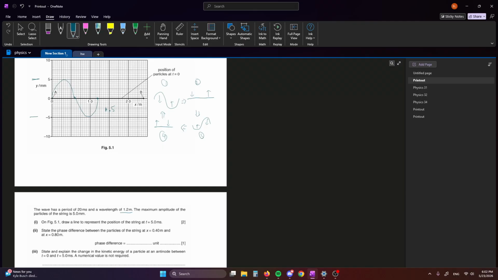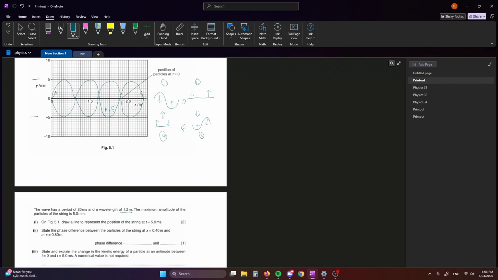Yes, this is 2.4, so it's actually exactly going to be 2. So we're going to go up, down, and then we end at B. So this is a possible configuration. The other possible configuration is the same thing, but just inverted. So we go down, up, down, up, down. So that's another possible, but I don't think you can draw both of it because you only need one line.